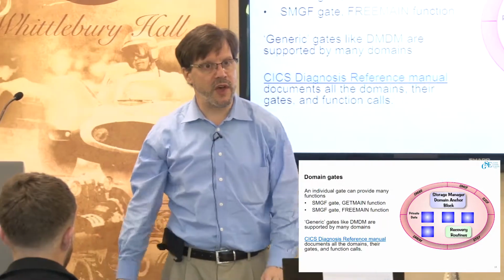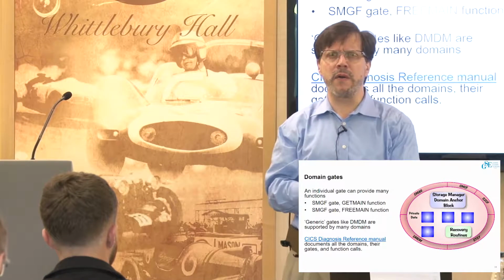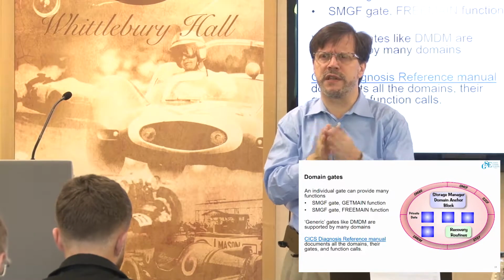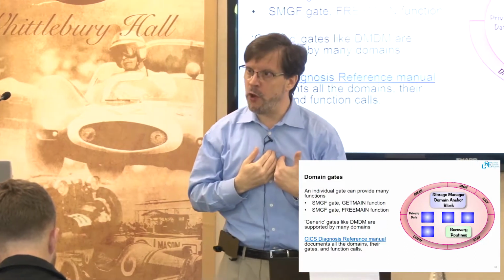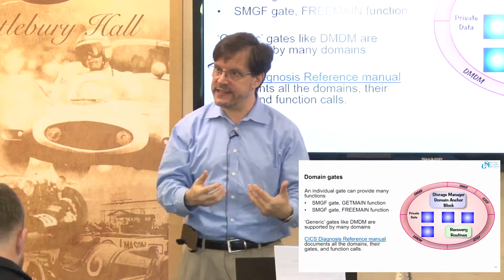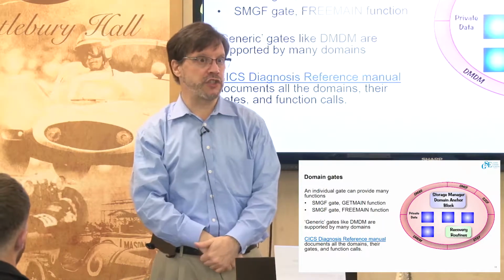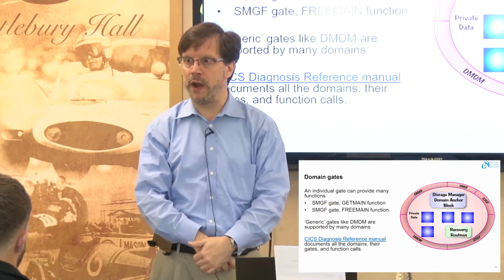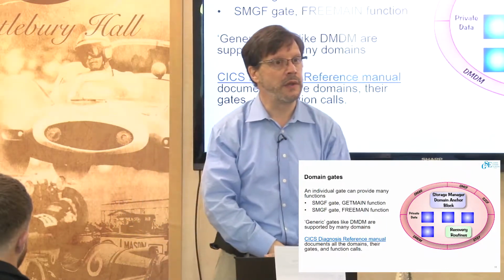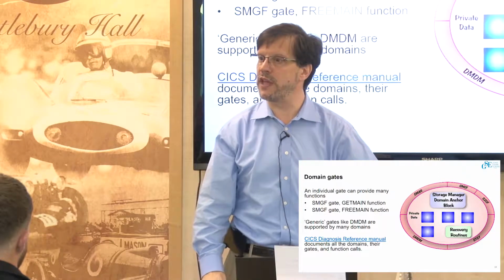So IBM decided to give statistics column 4. If you're a domain and you want to support statistics as a function, all you have to do is put an address of a program for us to call when we do our statistics call. We'll drive that program, and it'll put out its stats. So it's a way to provide generic function. It's brilliant when you think about it.